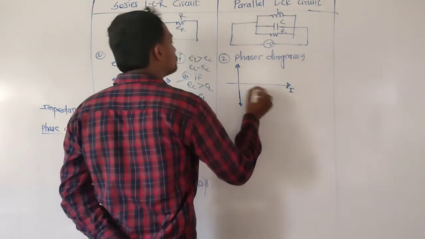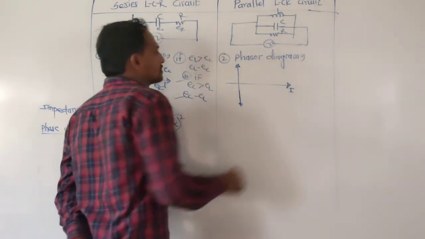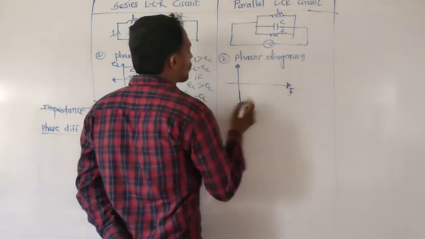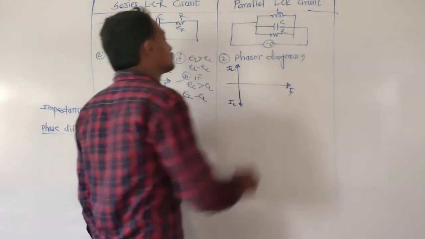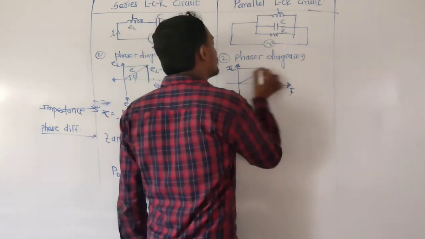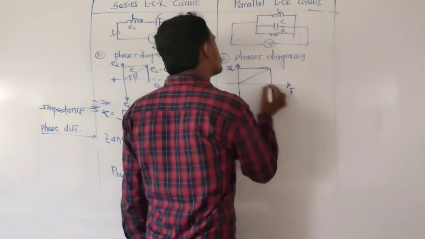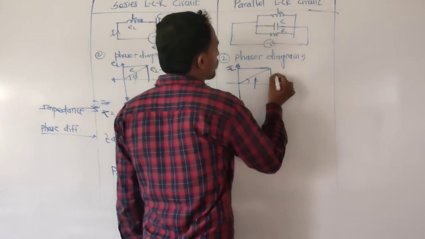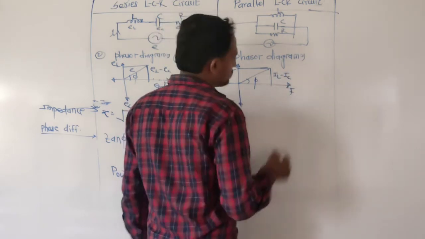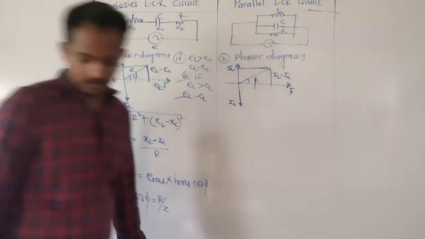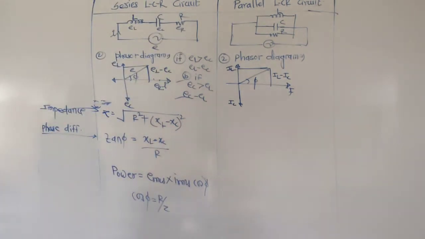This is I, the current across the resistor. This is IC and this is IL. So the resultant is like this. This is phi. Here we have IL minus IC. Here are also two conditions.